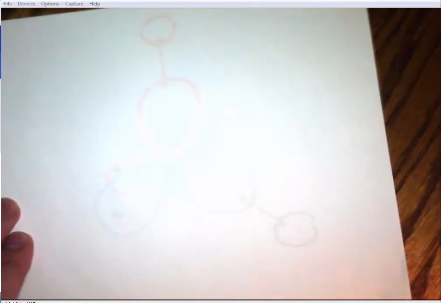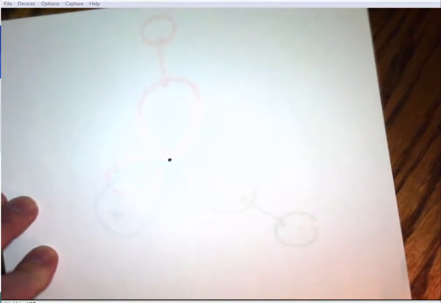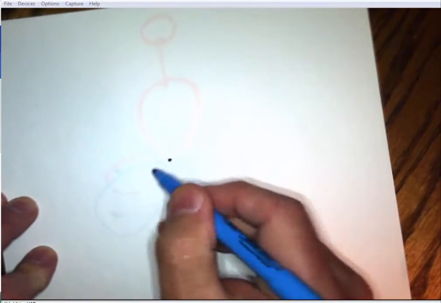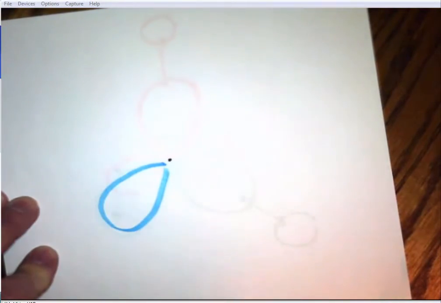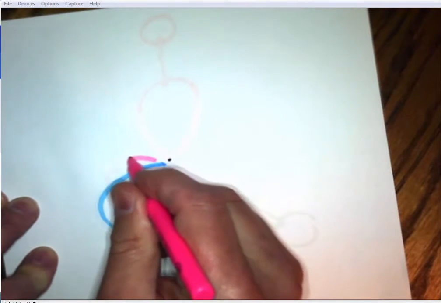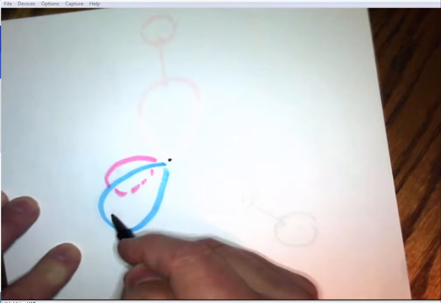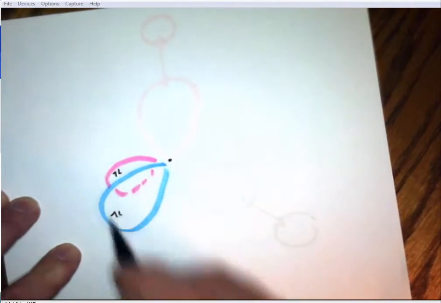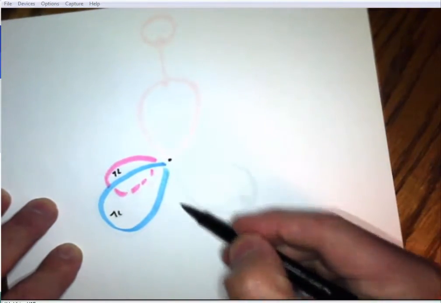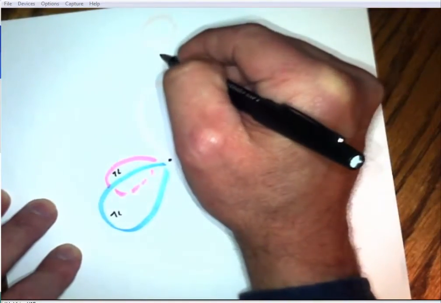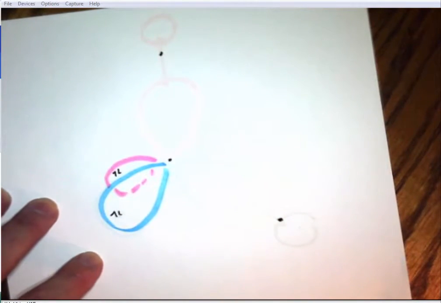Alright, so here's our nucleus for our oxygen. We've got 2 orbitals that are not going to do anything because they're already full with their electrons. But the orbital that was here and here, they're going to overlap and share with the hydrogen.